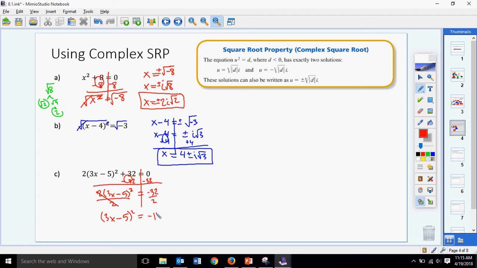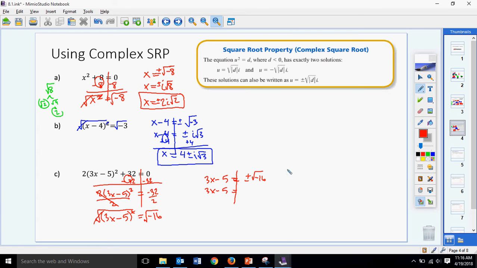Now that my square is alone, I'm ready to square root both sides. Remember, immediately when I square root both sides, I want to put plus or minus. I want to simplify my negative radicand.